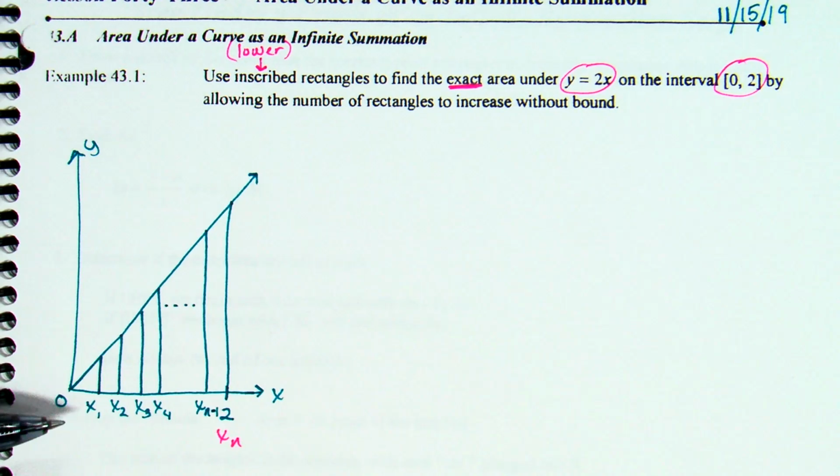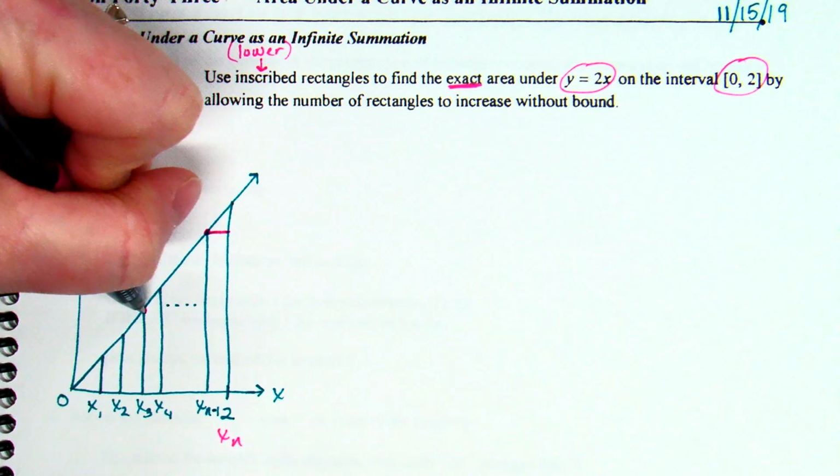Now, if I recall, it told us to draw the correct type of rectangles. So we said they are lower, yes? So lower means which side am I going to be drawing these rectangles from? The left, essentially, because if I draw that one there, it goes from x sub n minus 1. We're going to have one that goes from the top of x3 to x4, one that goes from the top of x2 over to x3, the top of x1 over to x2, and this last one goes from 0 over to x1.